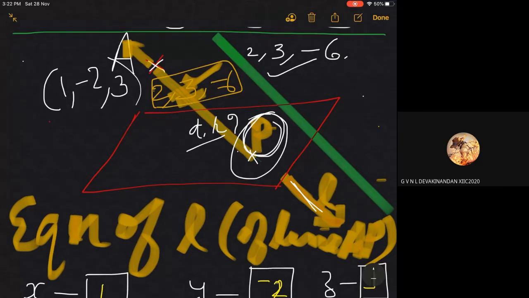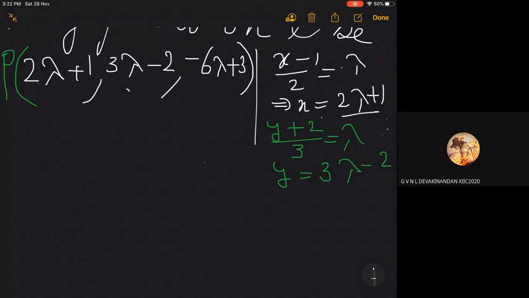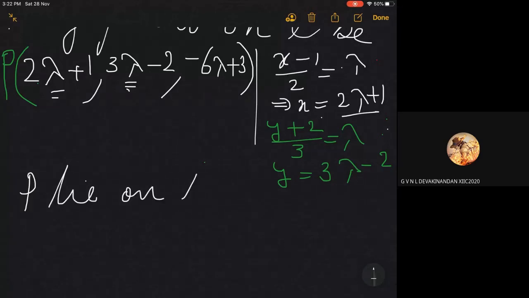You can again see this GeoGebra graph. To get the value of lambda, you apply the condition that P lies on the plane.